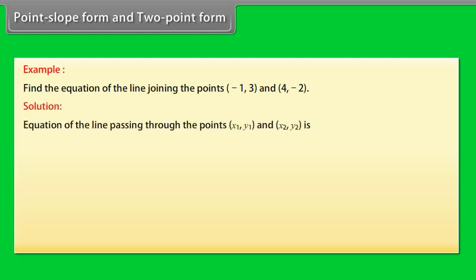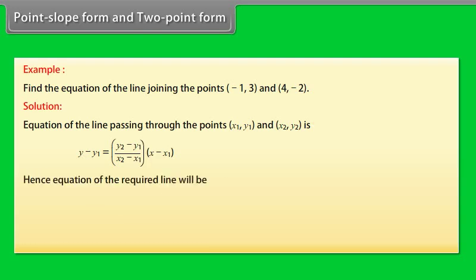The equation of the line passing through the points (x1, y1) and (x2, y2) is y minus y1 is equal to (y2 minus y1) by (x2 minus x1) into (x minus x1). Hence, the equation of the required line will be x plus y minus 2 is equal to 0.